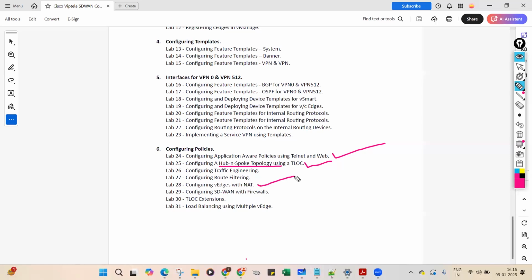Then vEdge is used for direct internet access, service chaining, route filtering, traffic engineering, load balancing, and TLOC extensions, which again are used for redundancy and load balancing across multiple WAN edge routers, an important aspect of the SD-WAN fabric. We will be configuring and clearing the concepts of each and every feature in pretty much detail.